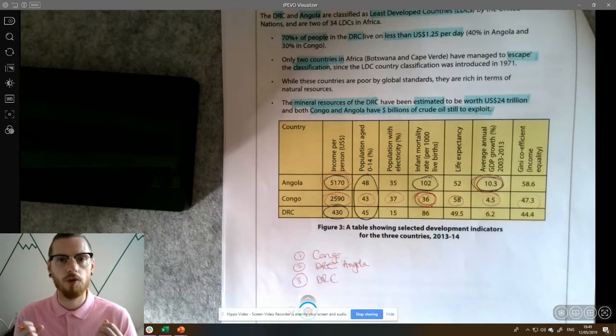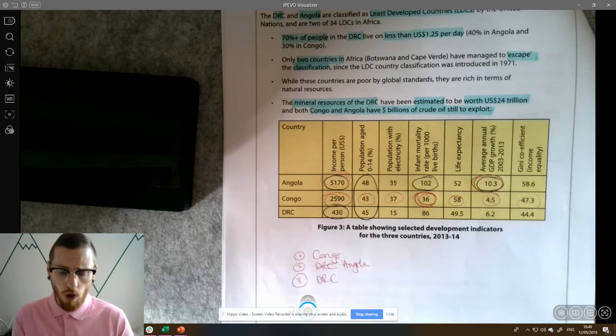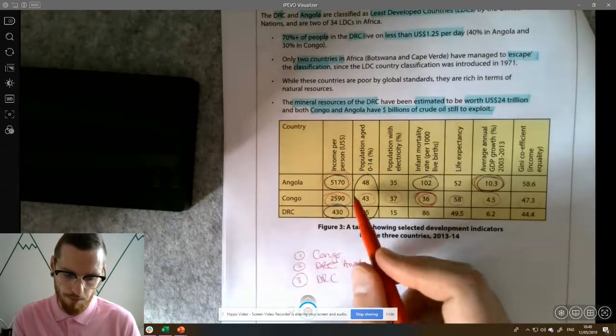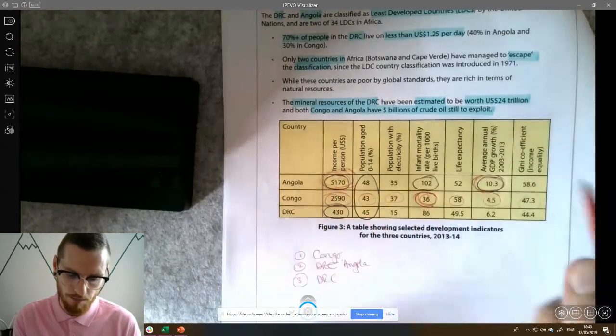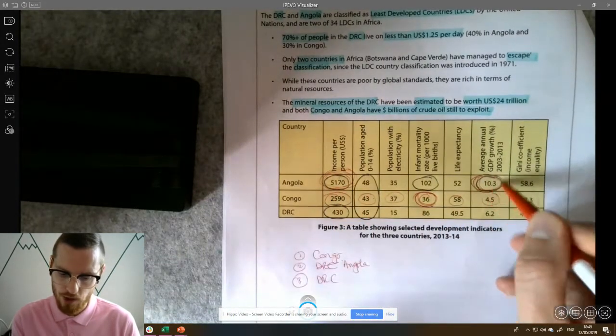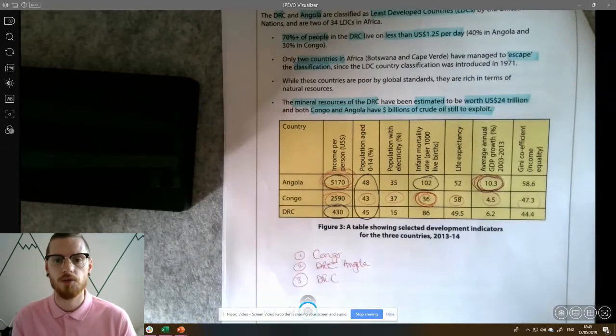Now, I'm also going to concentrate on the extremes to pull out what could really compete with Congo being the most developed. And what I'm going to pick out here is clearly the income per person and the average annual growth of Angola. There's some extremes to maybe question whether Congo is the most developed. So I'm showing the examiner I'm being analytical because I've said Congo is the most.